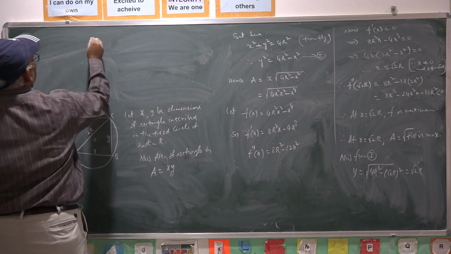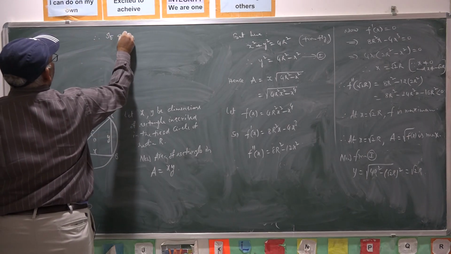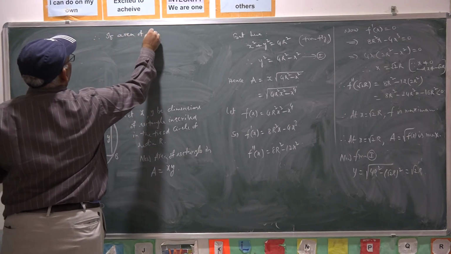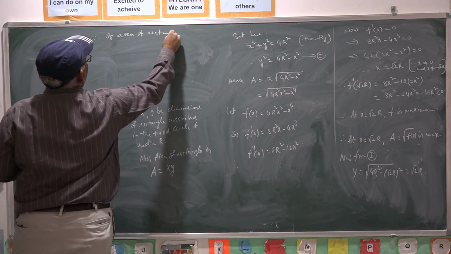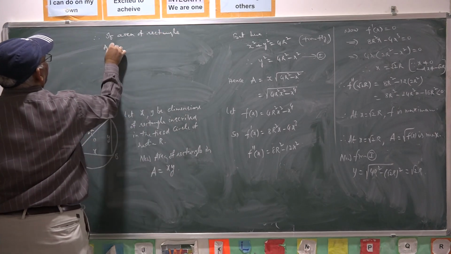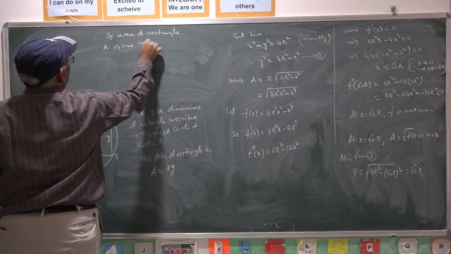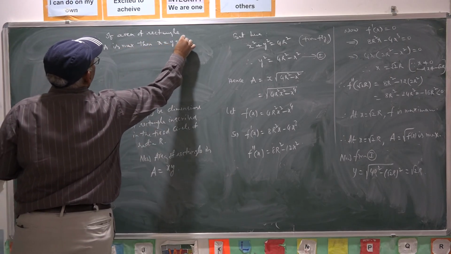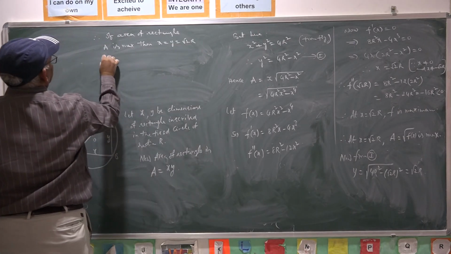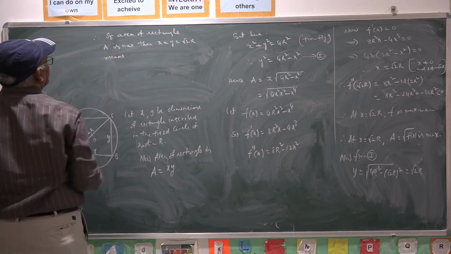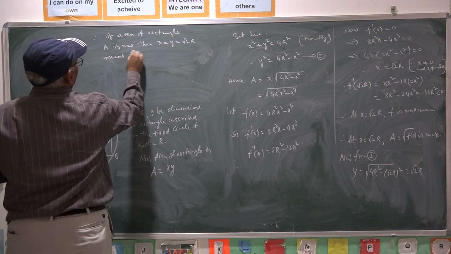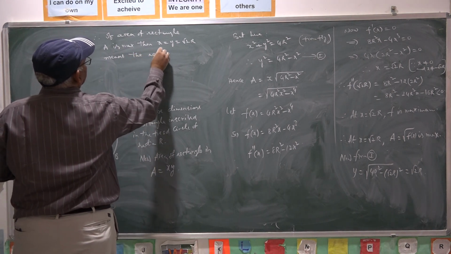So therefore, if the area of rectangle A is maximum, then x equal to y equal to root 2r, which means the rectangle is a square.